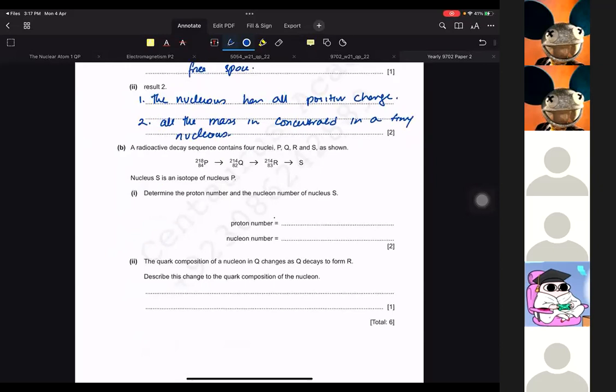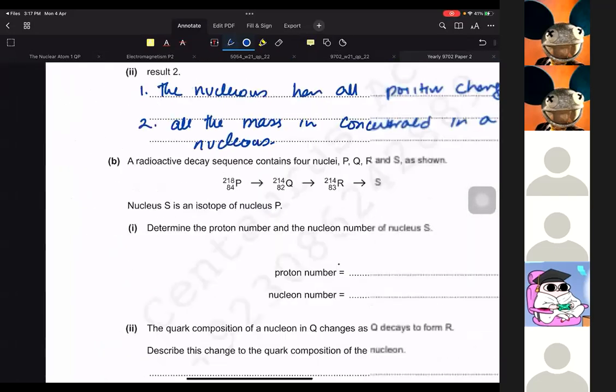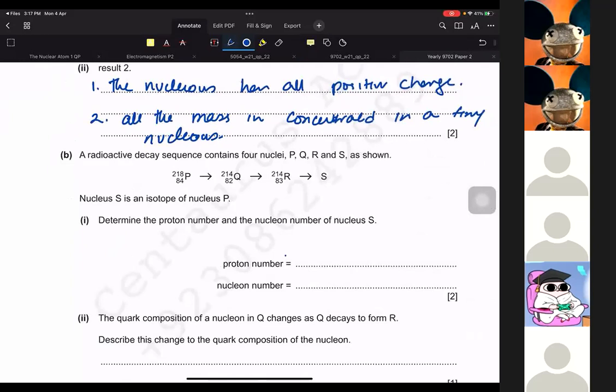Well, this seems pretty easy to me. It says there's a decay and determine the proton number of S. Nucleus S is an isotope of P. The radioactive decay sequence contains 4 nuclei, P, Q, R, S, right?